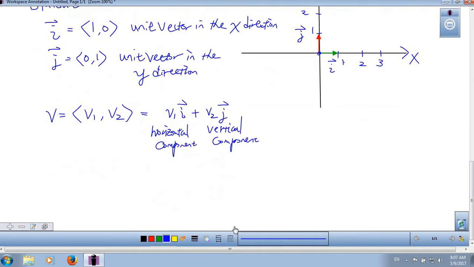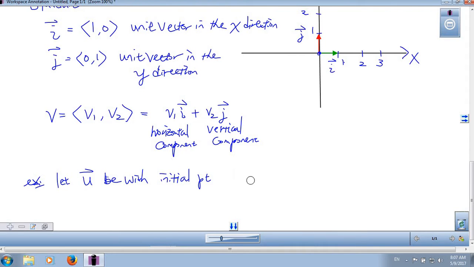So we can go ahead and determine the vertical component. So let's say, example. Let vector U be the vector with initial point at 2, -5, and the terminal point be at -1, 3.